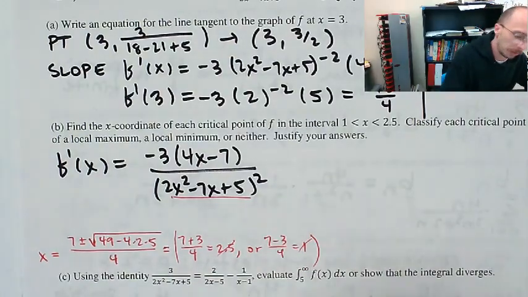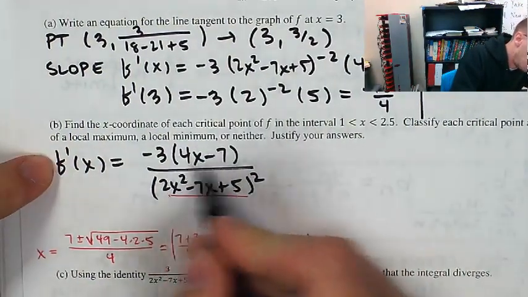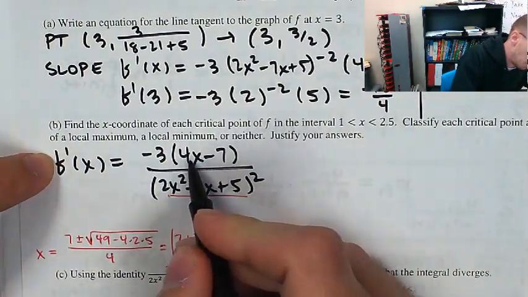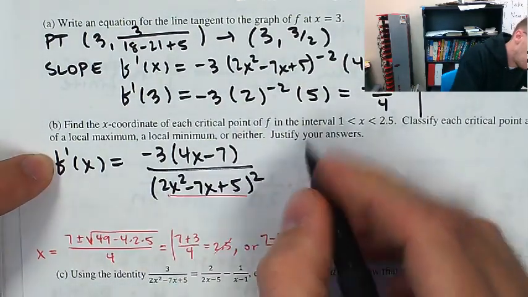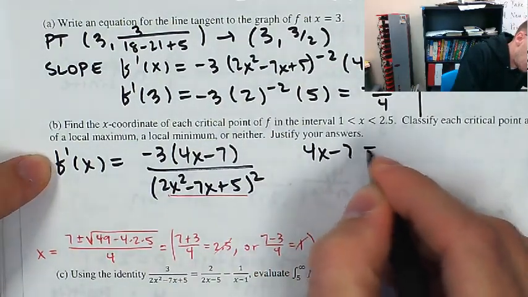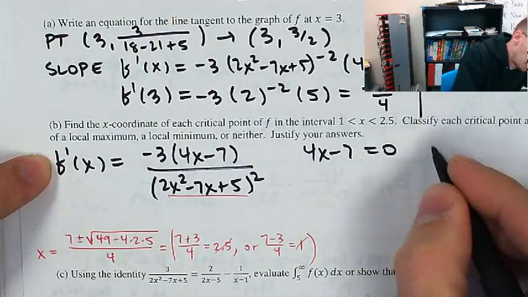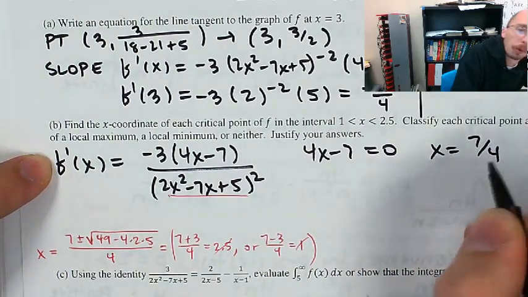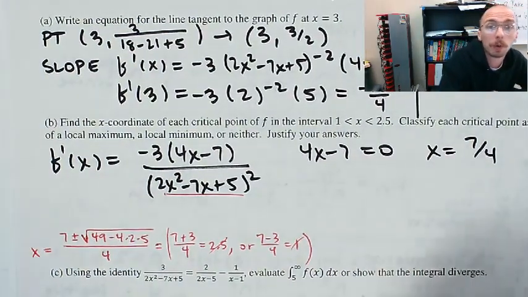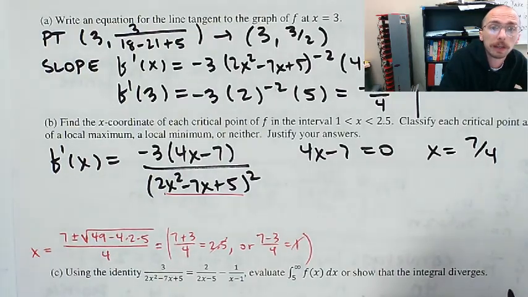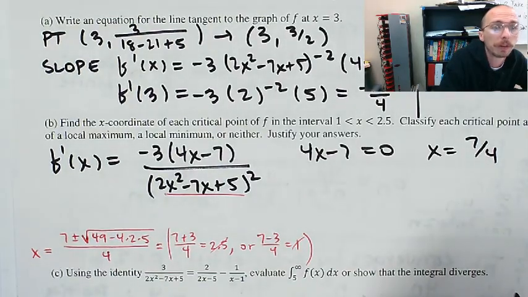All that for nothing. And so really the only critical point that I'm interested in is this one, where the top is 0, and that's where 4x minus 7 equals 0, x equals 7 divided by 4. Okay. Now I'm going to be interested in if that is a relative maximum, relative minimum, or neither.